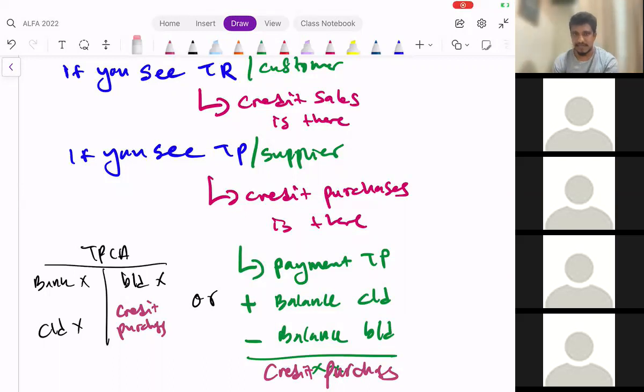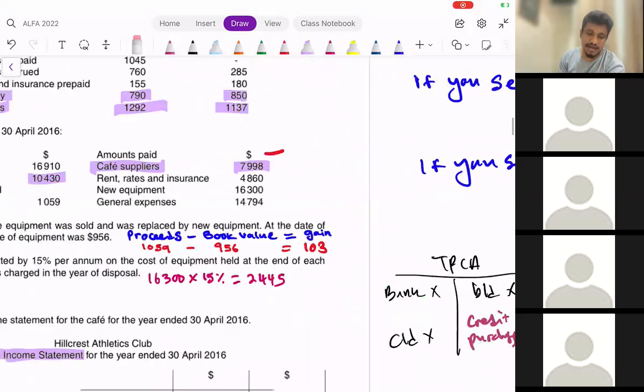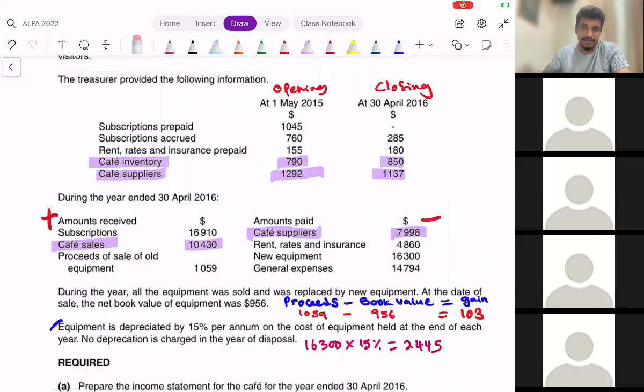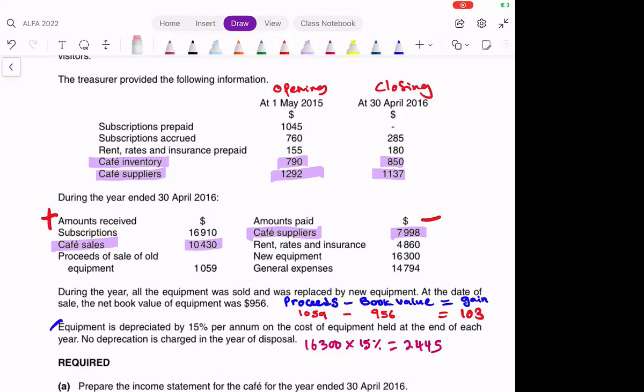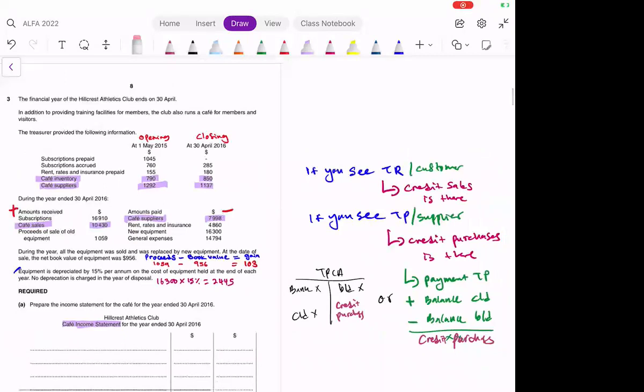If you understand this, can you calculate the purchases and tell me how much the purchases is?